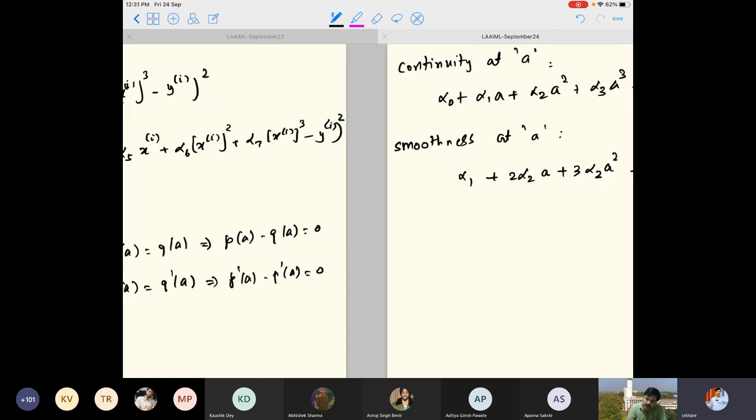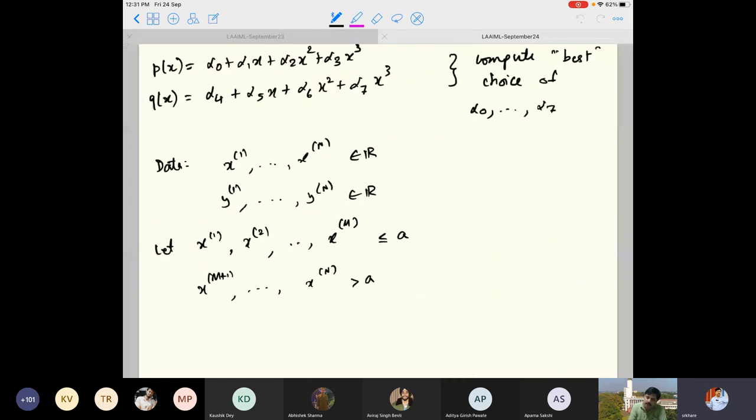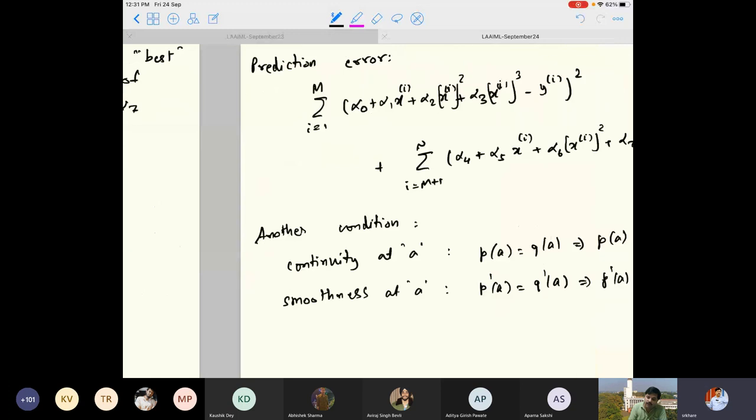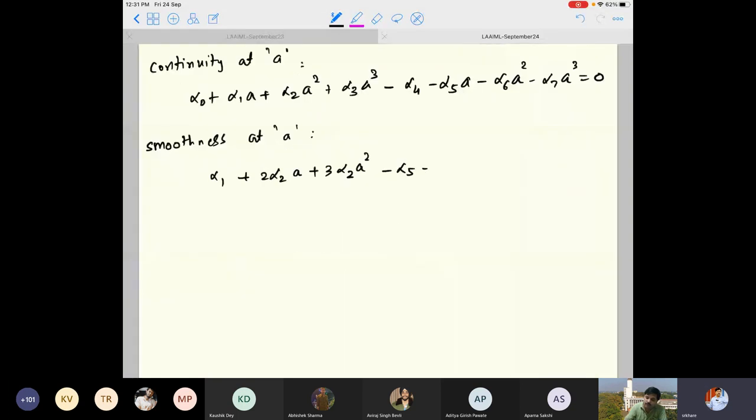And minus, for the second polynomial, alpha 5 minus 2 alpha 6 A minus 3 alpha 7 A square is equal to 0. Is that condition correct? Yes, the term would be 3 alpha 3 A square here. So this is the smoothness condition, right?